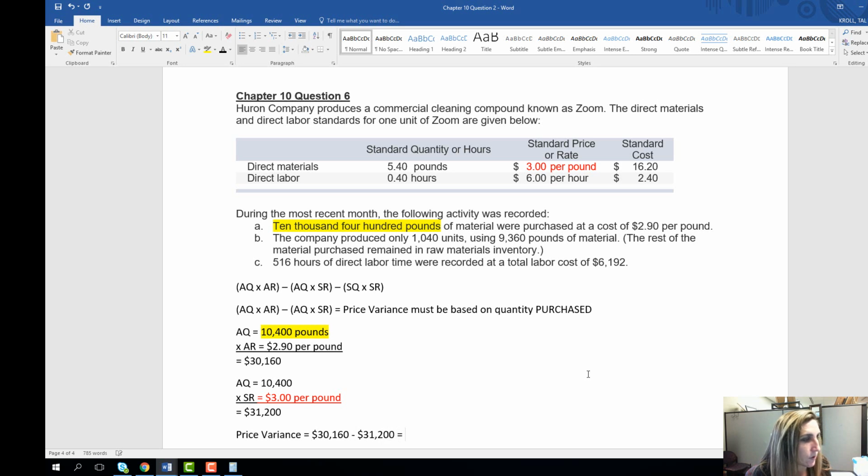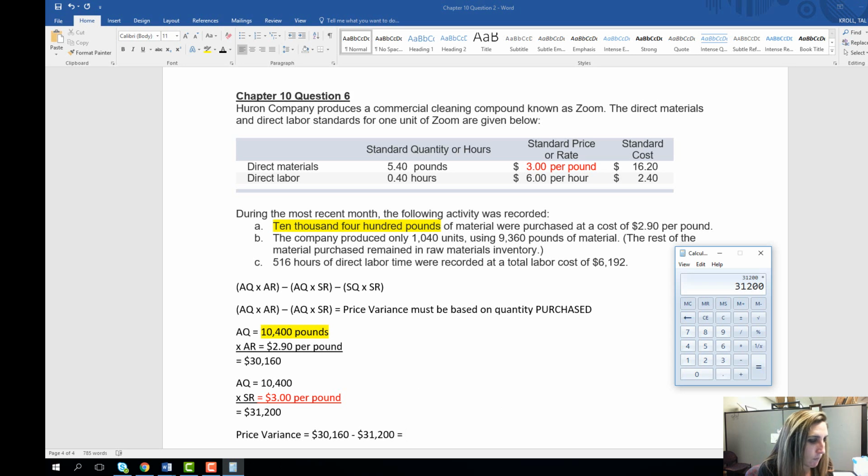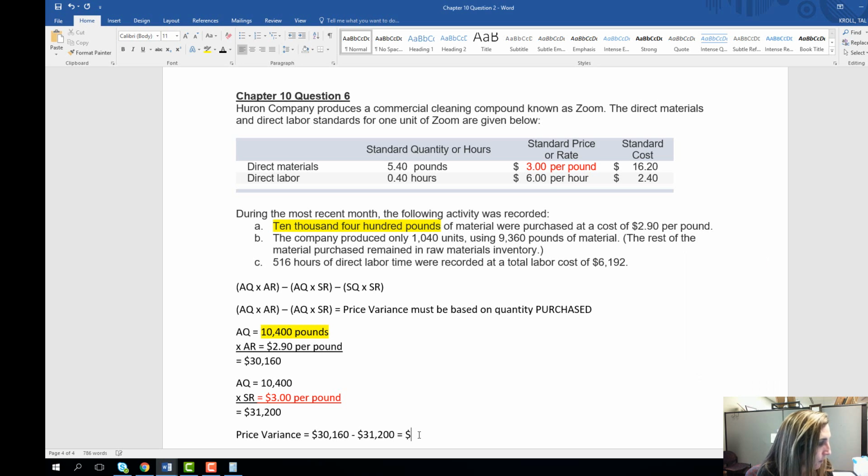So we have a price variance, looks like, of $1,040. And that is favorable because I paid less per pound than what I should have or could have paid. My maximum was $3 a pound and I paid $2.90.